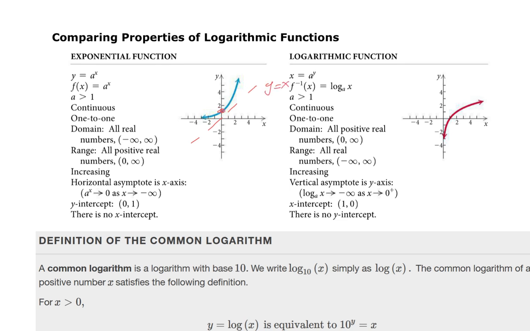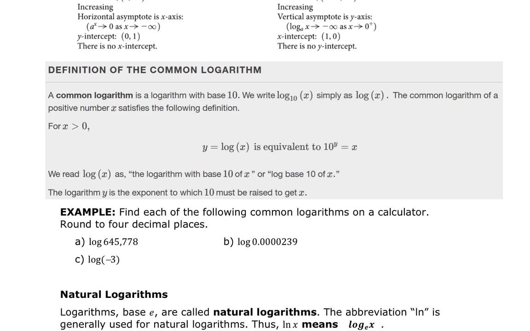So this point right here becomes this point down here, and this point right here would become this point right here, because x's become y's, y's become x's. In the exponential, we have no x-intercept, and for the logarithmic, we have no y-intercept without transformations. So you can see that they are true inverses of each other based on what we know about inverses.